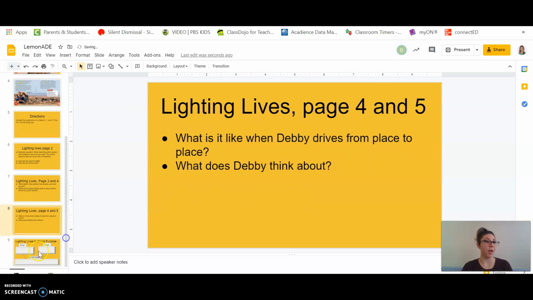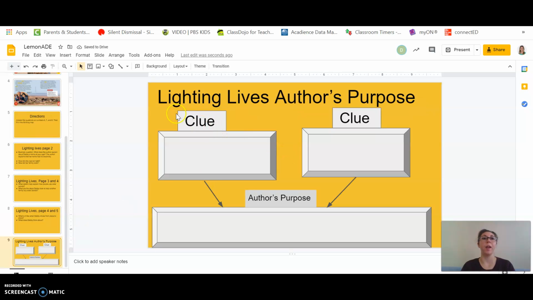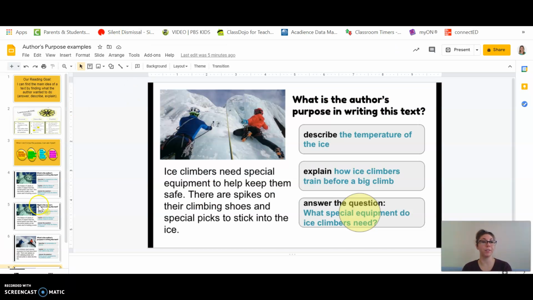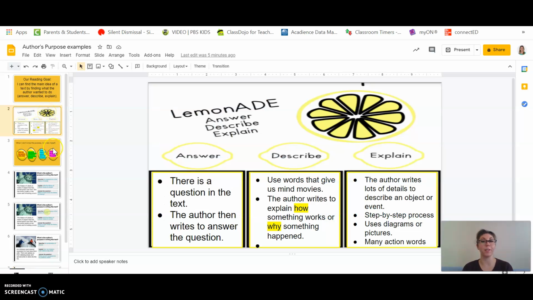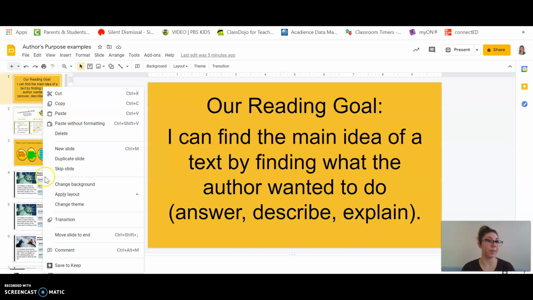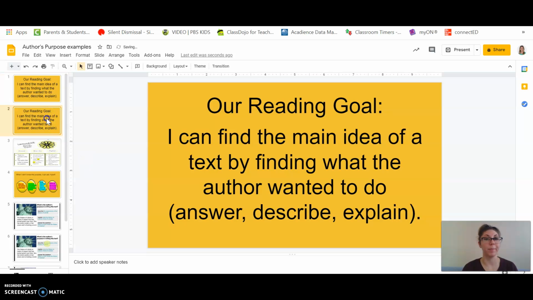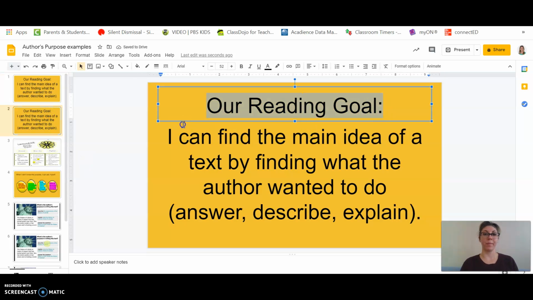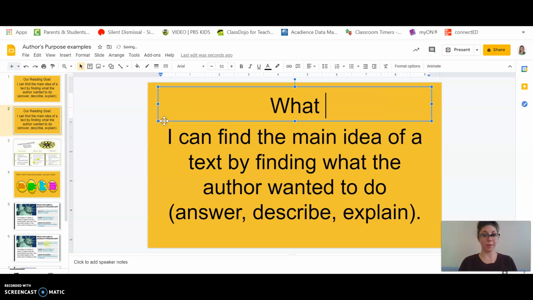Okay? And then on the last one, you're thinking about the author's purpose. In Google Classroom, you have this Google slide that explains what the author's purpose is. So the author's purpose is going to be one of these 3 things. So let me add a slide. What is author's purpose?